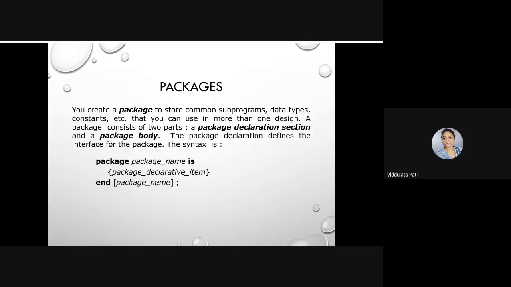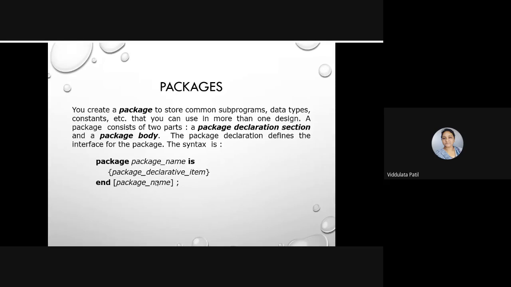Now these functions and procedures we need to store at a certain common place. So we need to create a package to store common subprograms, common data types, constants, etc., so that we can use them in more than one design.